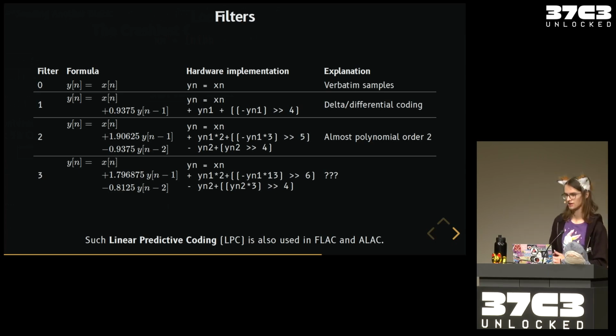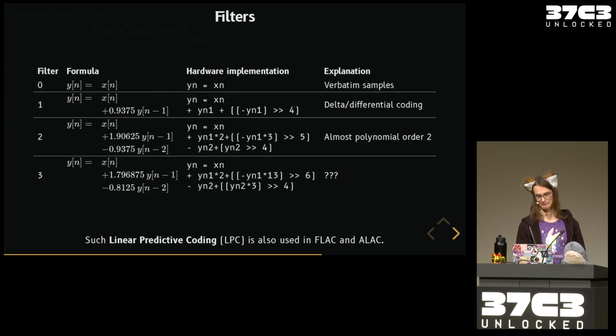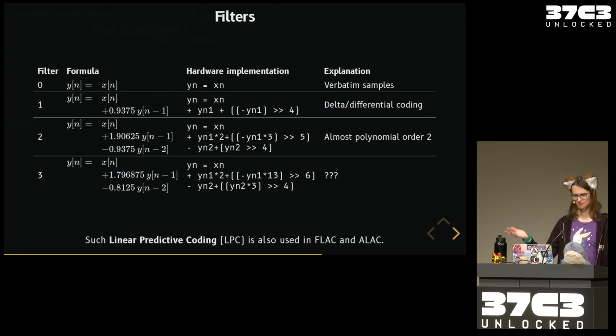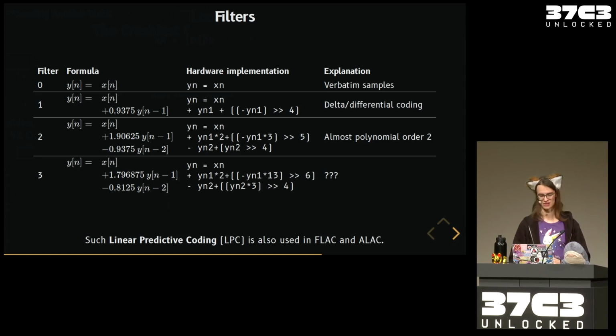Again, I don't have the space to go into all of the math behind how this works, but effectively we can use parabolas, so polynomials of order 2, to approximate how the samples behave locally, because that matches up because of Taylor series, and then that allows us to predict where the next sample is, and this sometimes gives us even better compression than filter 1. Now, filter 3 is weird because it's similar to filter 2, except the values are kind of off, and I have no idea what they were trying to do with that. I guess it exists, and you can try compressing with it, but I have no explanation.